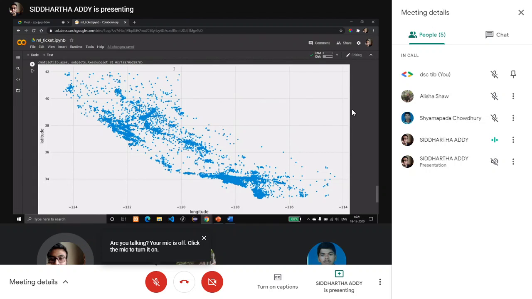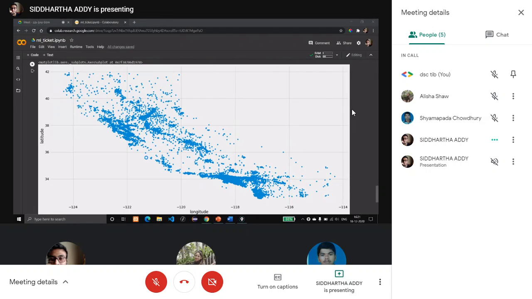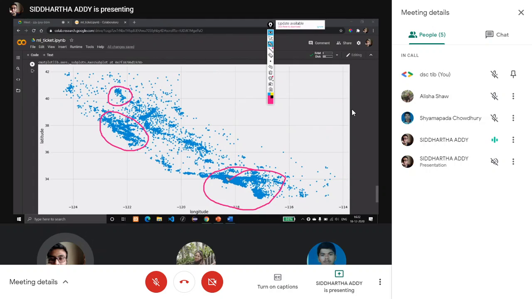Now you can see that there is a certain kind of shape that is forming. And another observation that you can make is that there are some data points, let me just pull up my Epic Pen tool, points like this, in this area, where the dots are overlapped over each other so that we can't even separate them.